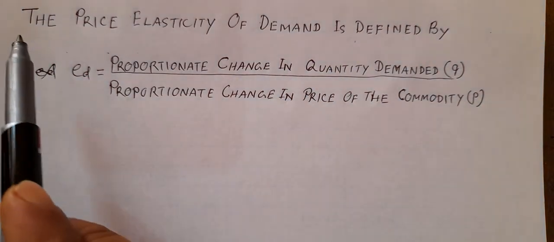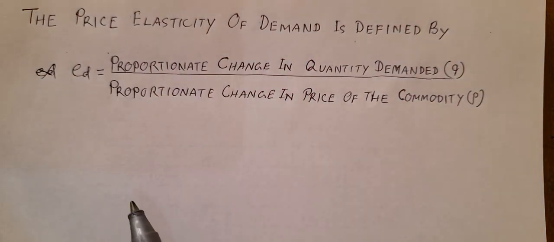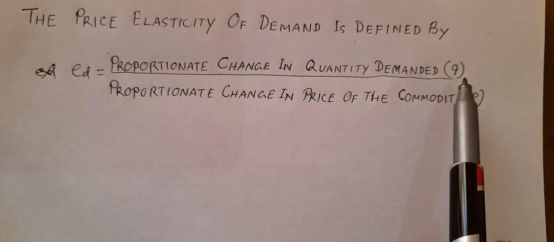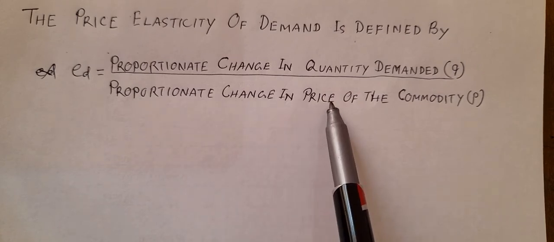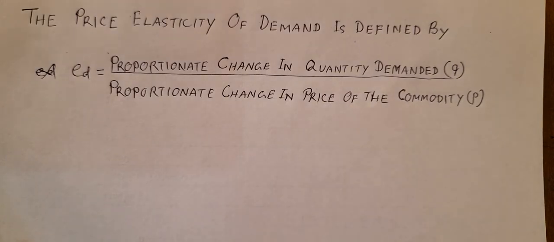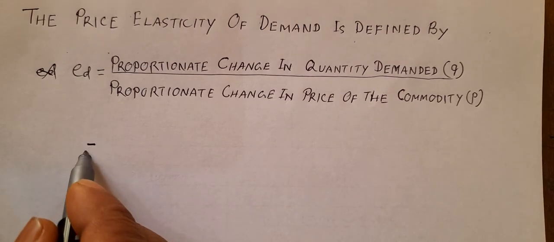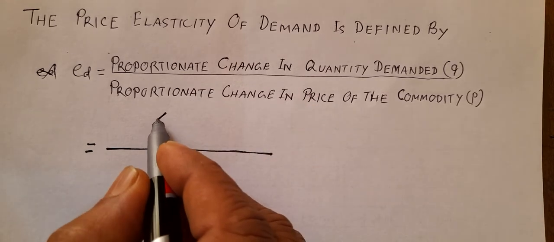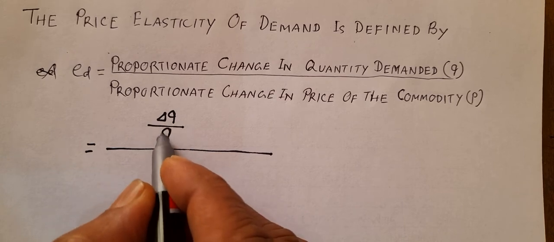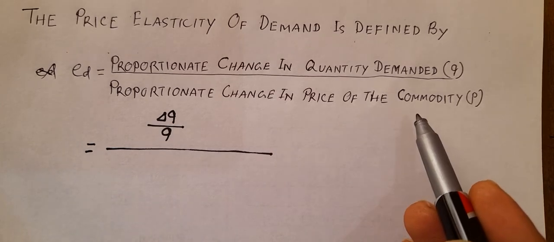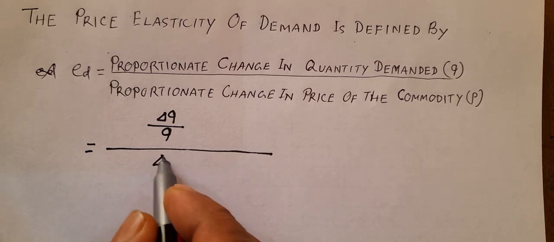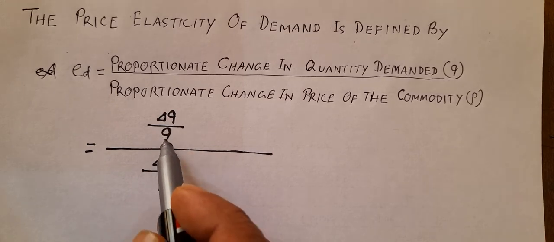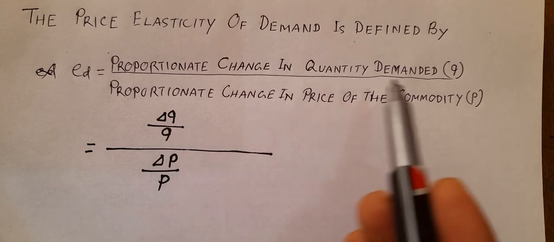We know that the price elasticity of demand is defined by ED, the proportionate change in quantity demanded Q divided by the proportionate change in price of the commodity P. That is equal to delta Q by Q divided by delta P by P. Delta Q means change in Q divided by Q, the proportionate change in quantity demanded.